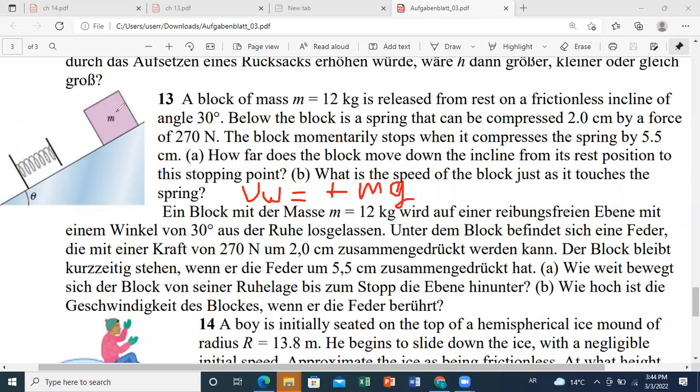Now, since the weight is not along the direction of motion, I have to project the weight on the direction of motion. So I do the perpendicular, and the projection will be W sine theta, because this angle here is theta. The projection of the weight on the incline is W sine theta, and the distance of motion along the incline is D. So the work of weight is plus mg sine theta times D.